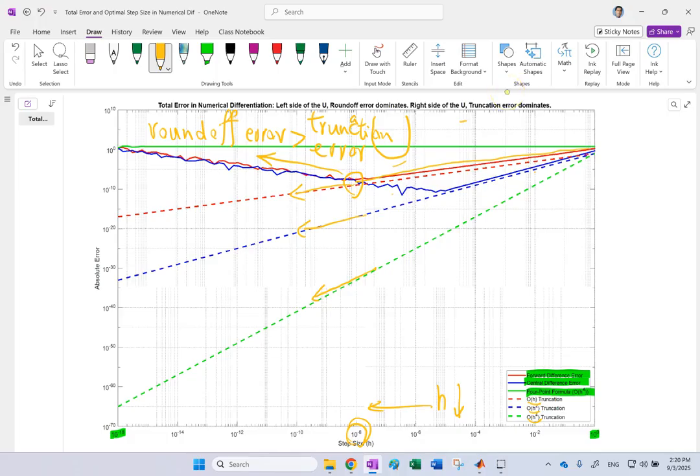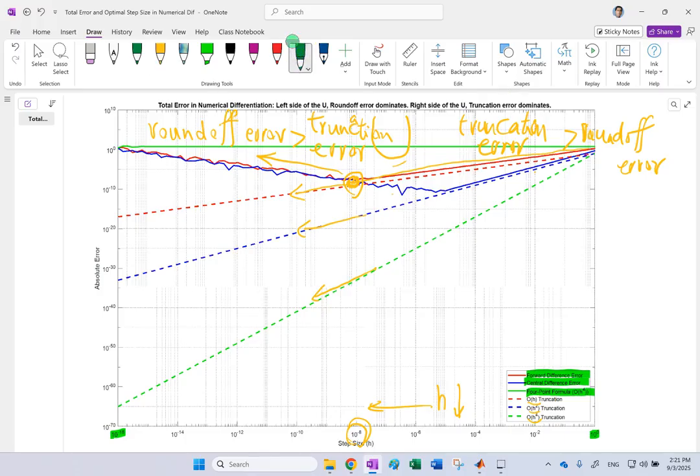On this side, on the other hand, the truncation error is dominant. So once you pass this point, which is the optimum point, if you make it any further smaller, you are not going to get better results, you're going to get worse results.